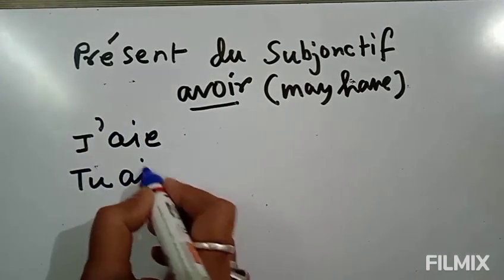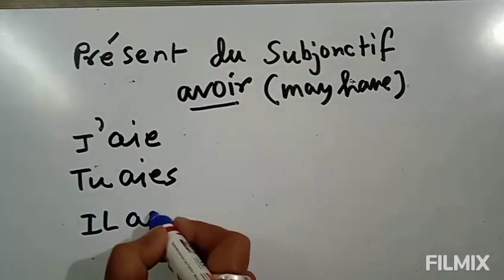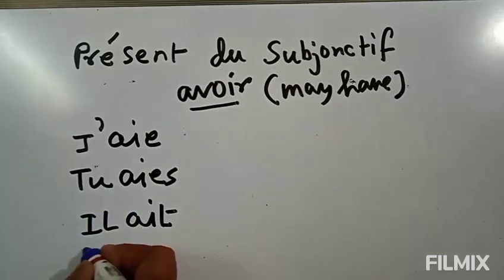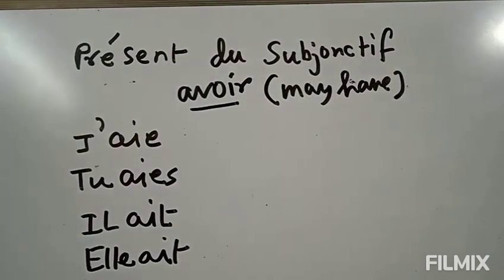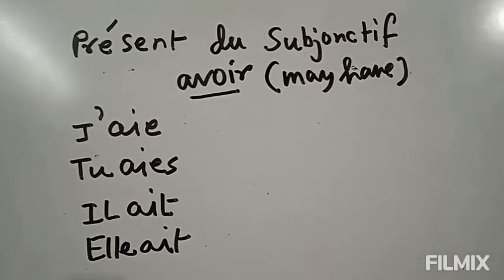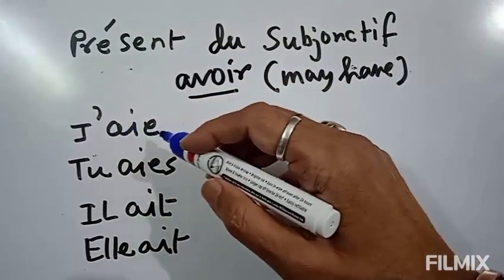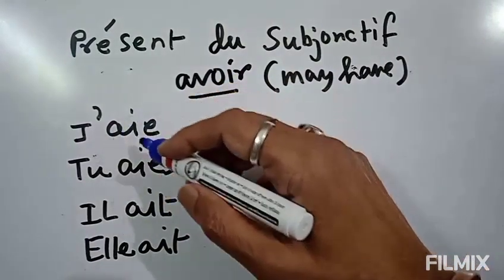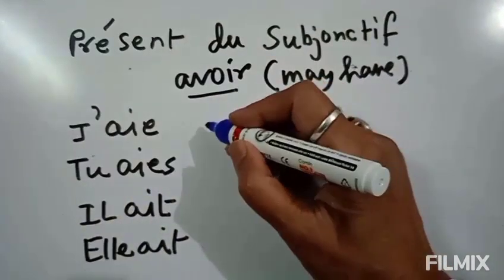Tu aies. These are the four forms for singular: j'aie, tu aies, il ait, elle ait. Okay. A, I, E. This is the French spelling. A, I, E, S, A, I, T.